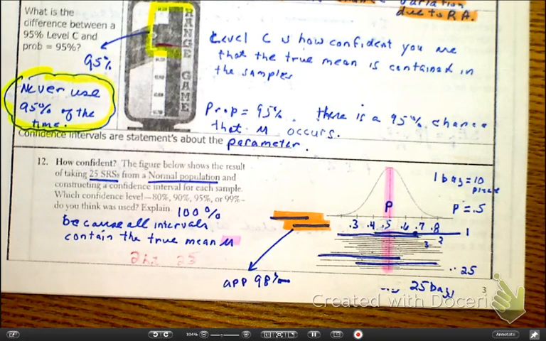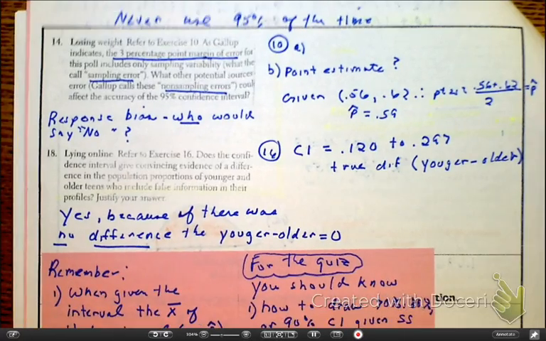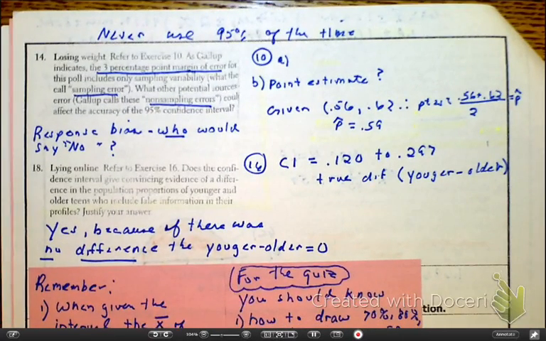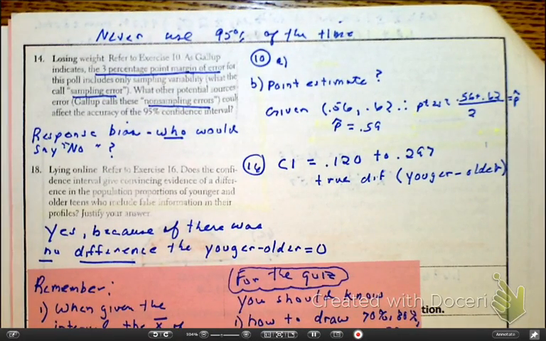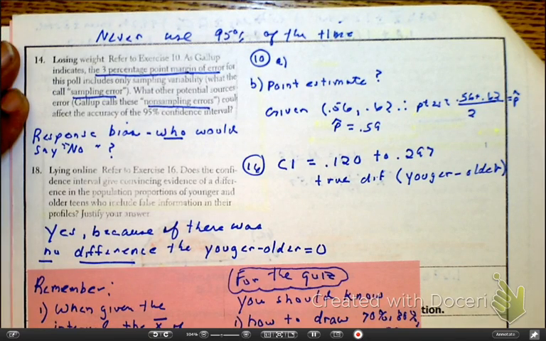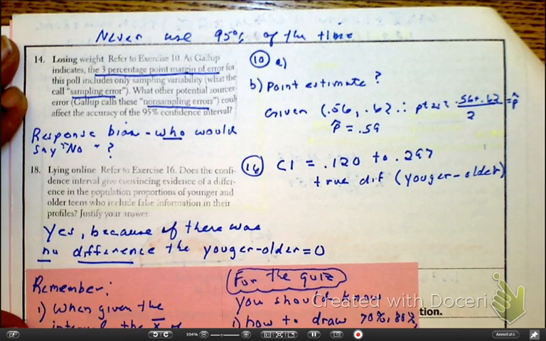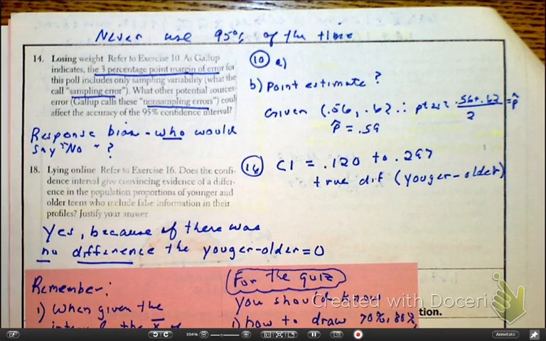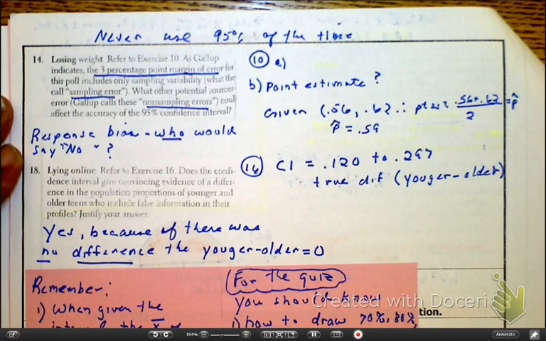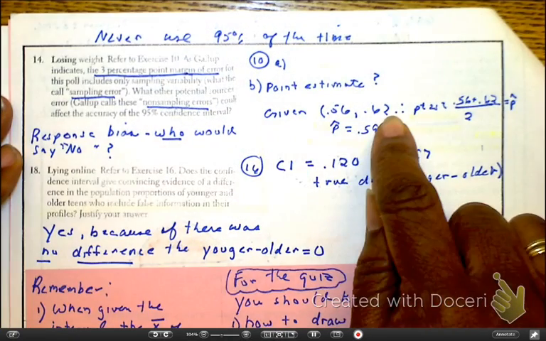Terrible marker. Okay, now let's continue on to page 4 of your notes and look at problem number 14. When you look at 14, read over it, but please recognize you've got to go back and look at your problem number 10. So pause. Okay, now problem number 10, we don't know what the point estimate is, but it gives us the interval.